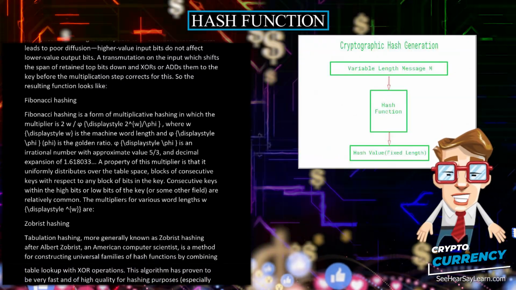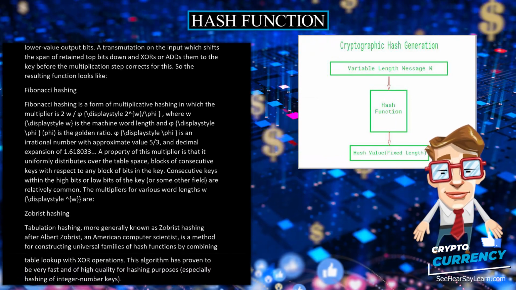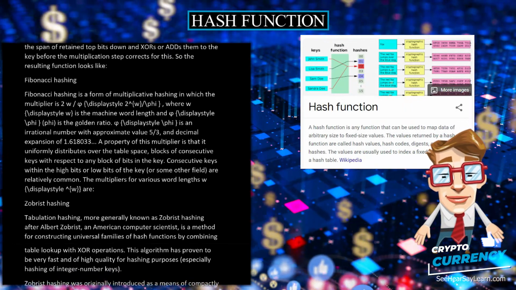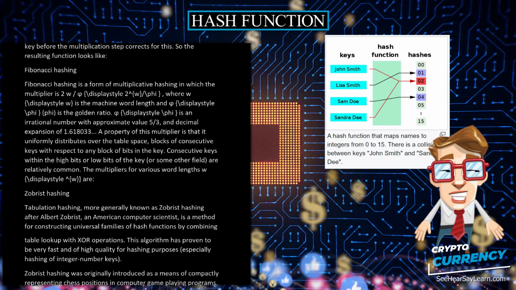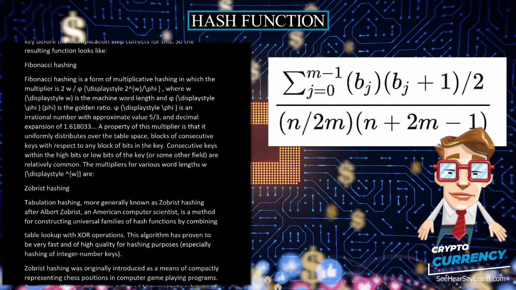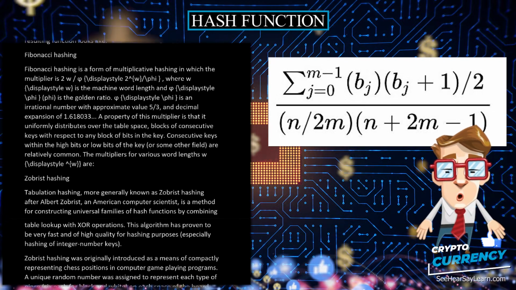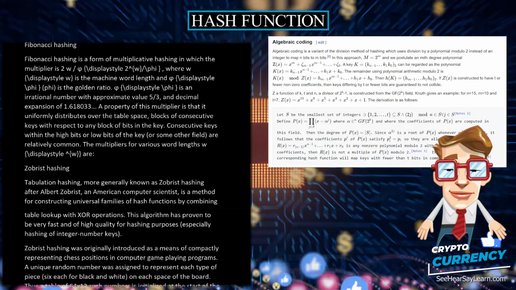A property of this multiplier is that it uniformly distributes over the table space blocks of consecutive keys with respect to any block of bits in the key. Consecutive keys within the high bits or low bits of the key, or some other field, are relatively common. The multipliers for various word lengths w are as follows.